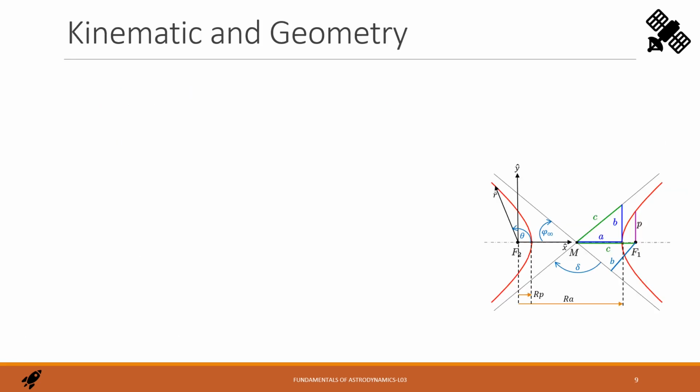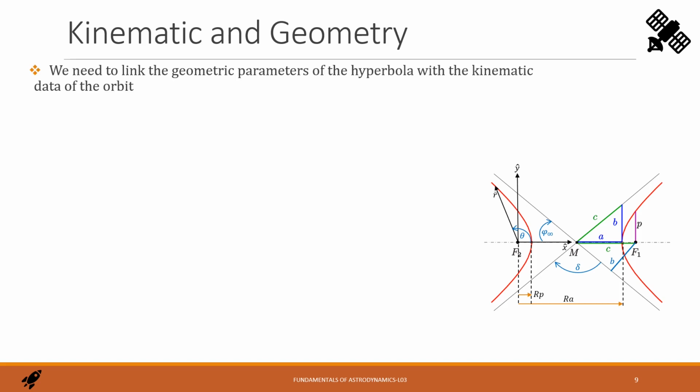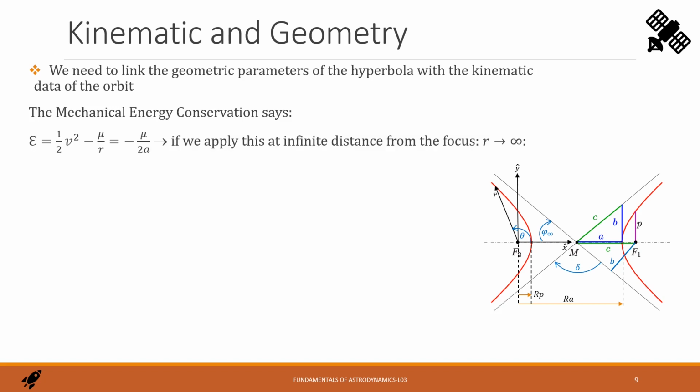Coming back to our hyperbola, we need here to couple its geometrical parameters with the kinematic data of the body. If we apply the energy conservation law at infinite distance from the focus, we get 1/2 V infinite square equals minus m over 2A. That makes A equals negative m over V infinite square.